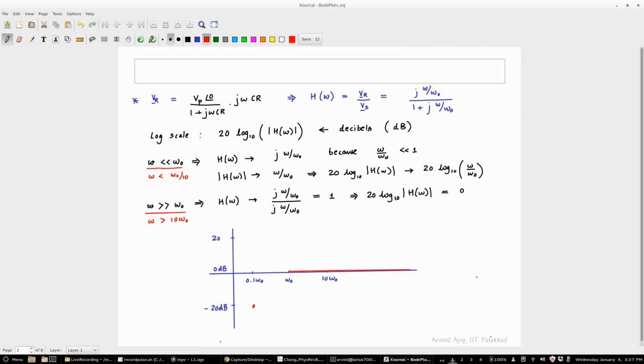So this quantity then is minus 20 dB. So you know that this quantity is minus 20 dB at 0.1 omega 0. And what about this quantity at say 0.01 omega 0? That would be minus 40 dB. So minus 40 dB would be here.